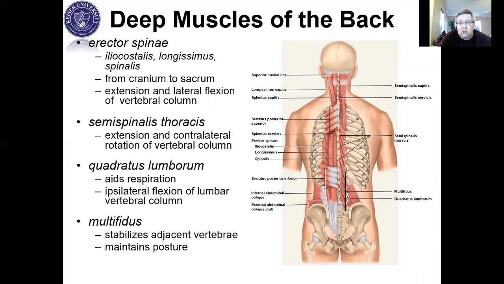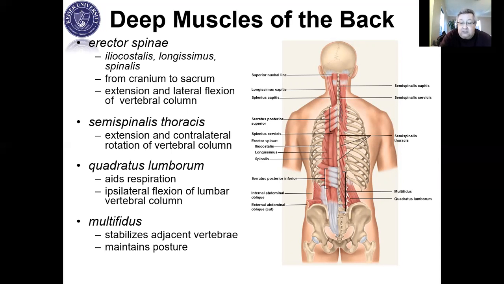You're not going to need to know all of them. I'm going to want you to understand, like when we talk about multifidus, multifidus is a very, very small set of muscles that I will not put on an exam, but I do want you to know basically how that muscle performs its actions.